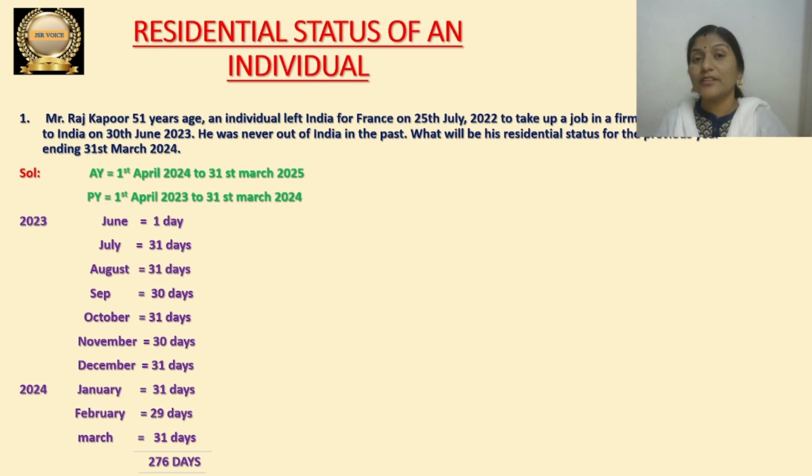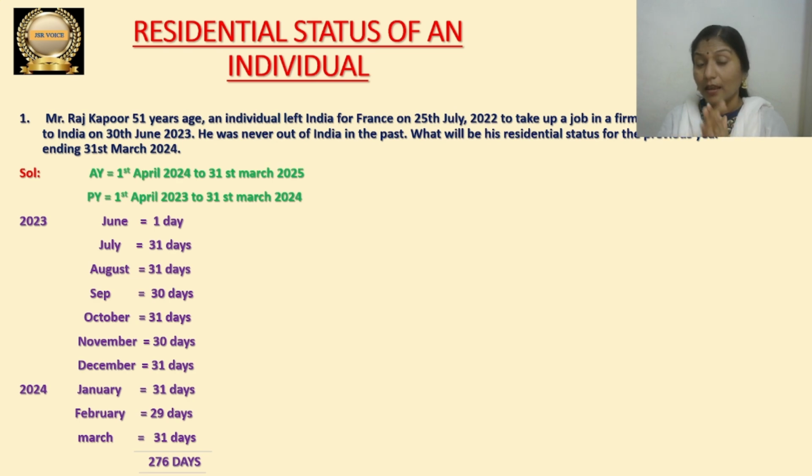In total, 276 days he was in India during the previous year period. Hope this is clear for everyone. So keep that point in your mind: how many days he stayed in India during the previous year? 276 days.